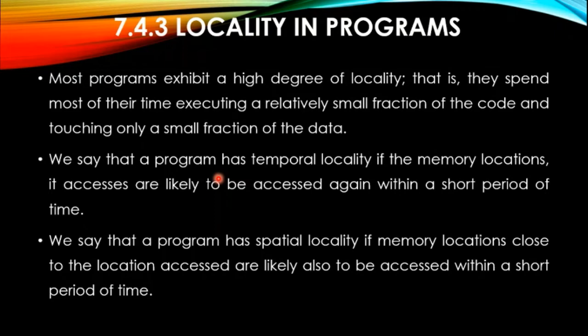That means that particular memory location is accessed by the program within a short time, and the same memory location can be accessed multiple times. That type of memory accessing is known as temporal locality.